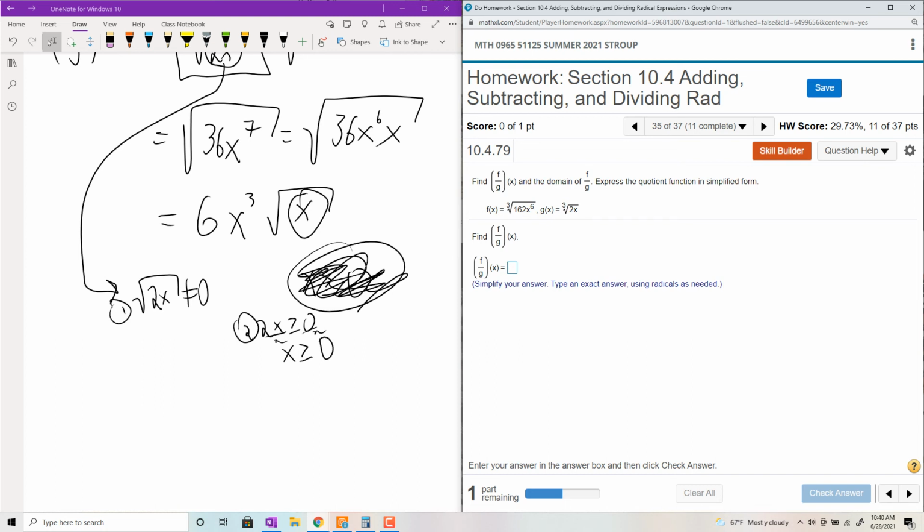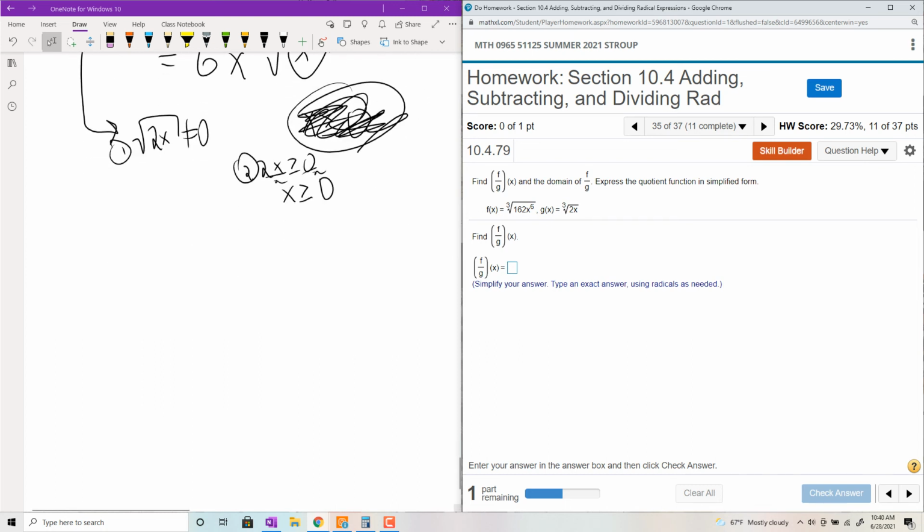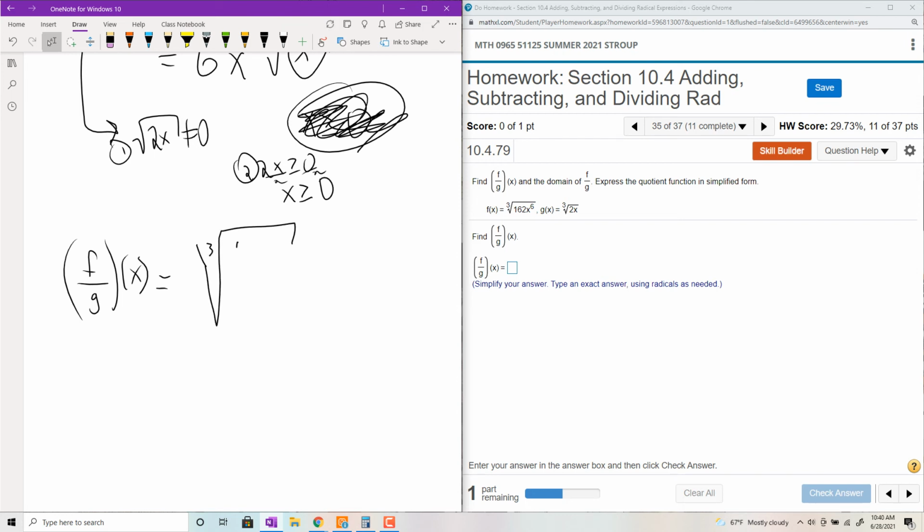I mean, we want you to find the simplified form, but you cannot decide the domain based off of that simplified form. You have to look at the original. So again, let's look at this one. F over g of x. F of x is going to be the cube root of 162x to the 6 all over 2x.